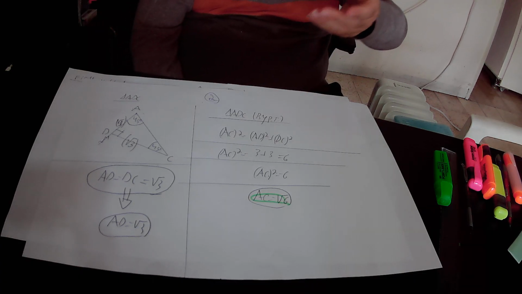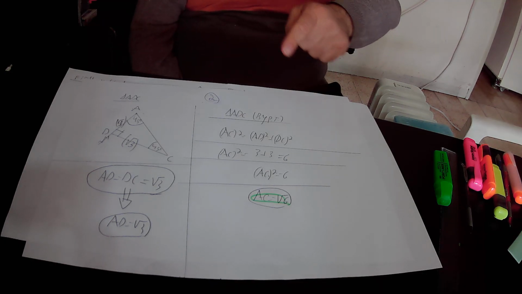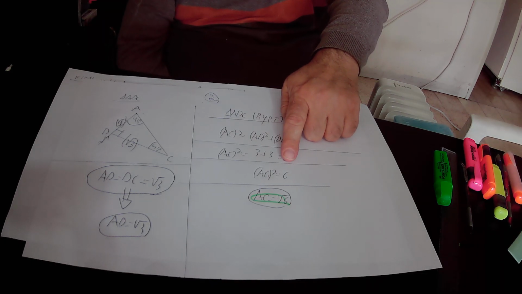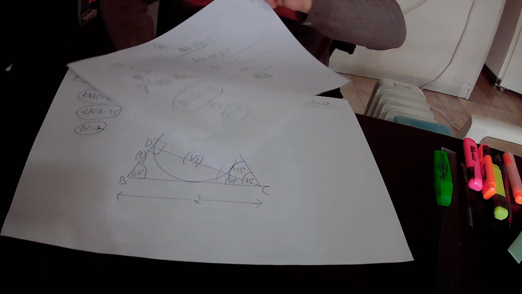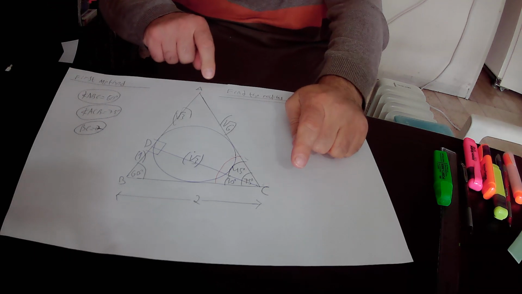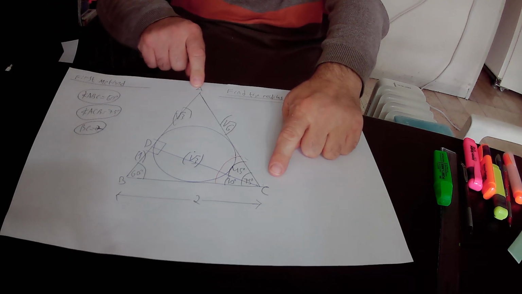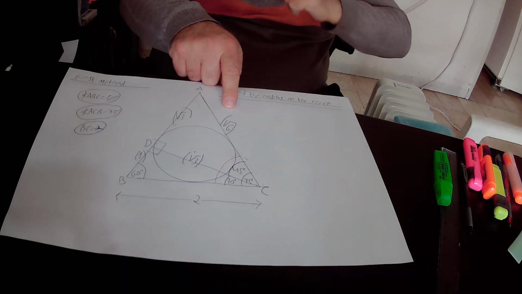So in total, AC squared equals 3 plus 3, that is 6. So AC squared equals 6. We take the root out of this equation and finally find that AC equals the square root of 6 units in its length. Here, side AC of this triangle ABC equals the square root of 6 units in its length.